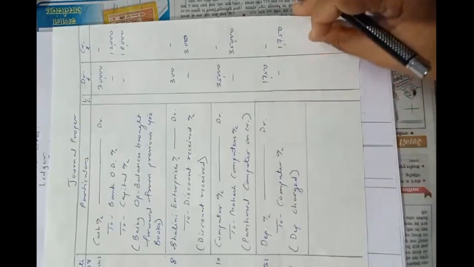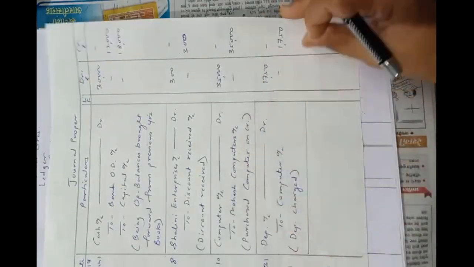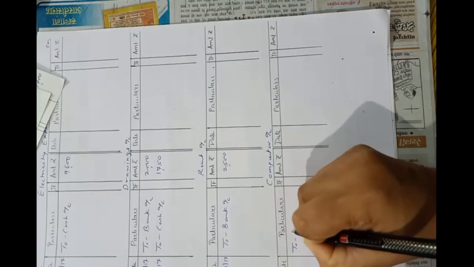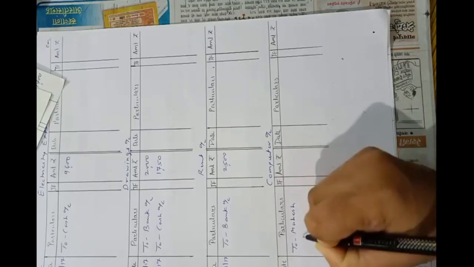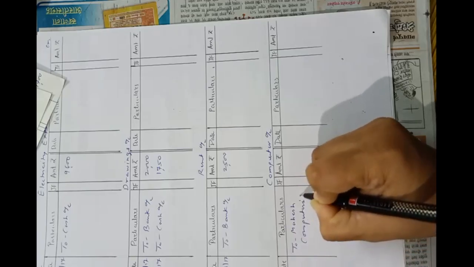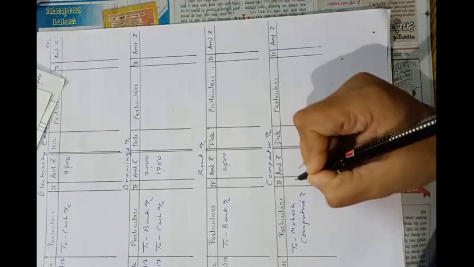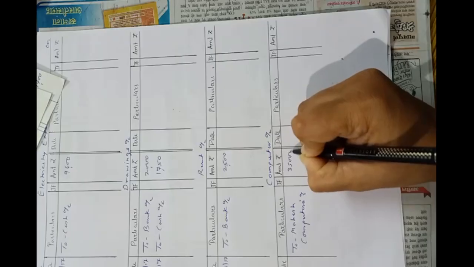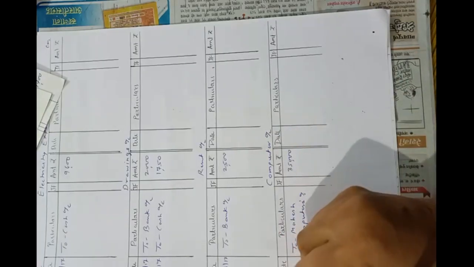computer account debit to Mahesh computers account. Debit side of computer to Mahesh computers. To Mahesh computers account. Amount is 35,000 and date is 10th March.